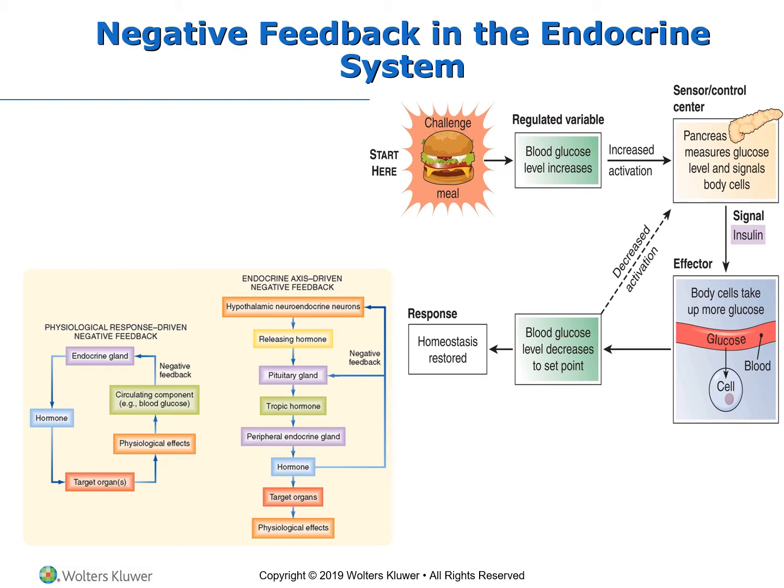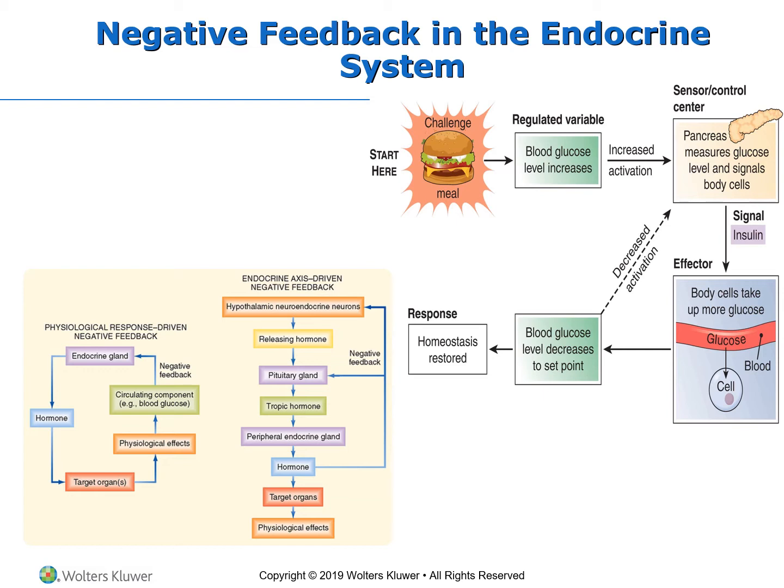Now, if we are looking at the right side of the screen, let's describe one process that, if you remember, we also discussed in our first chapters. If we describe the action of insulin on glucose, we usually start, let's say, with a meal. Whenever we eat, we introduce a lot of calories into our body, and the calories come in the form of glucose. By digestion and absorption of the nutrients, the blood glucose level will increase.